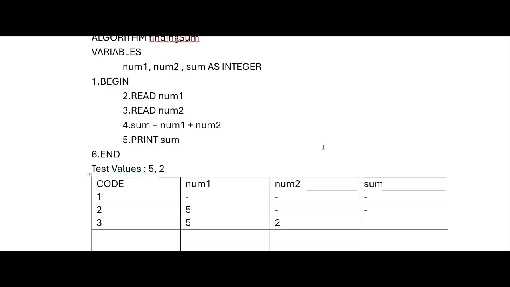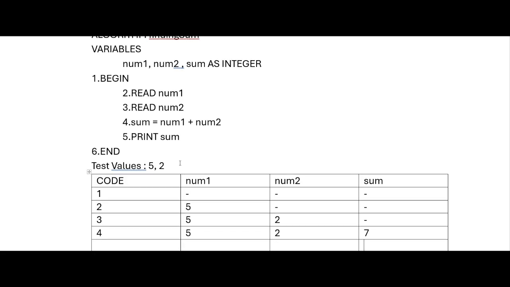Sum, however, is still empty at line 3. We have now reached line 4. At line 4, we know that num1 still has the value 5. Nowhere in our pseudocode do we change that value, so it is still 5. Num2 still has the value 2, and now on line 4, we say sum is equal to num1 plus num2. So sum now will contain the value 7.